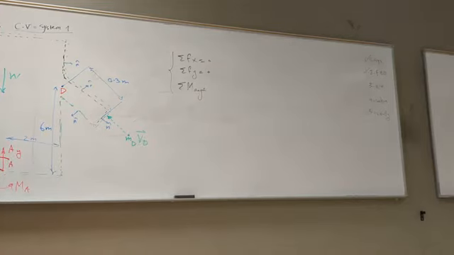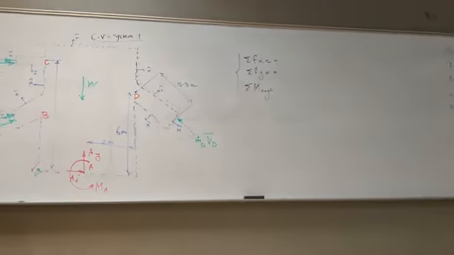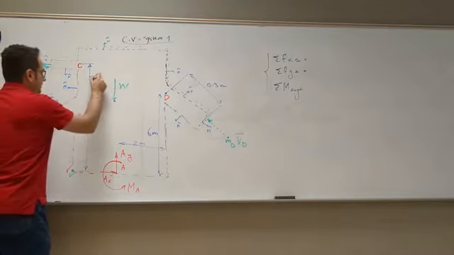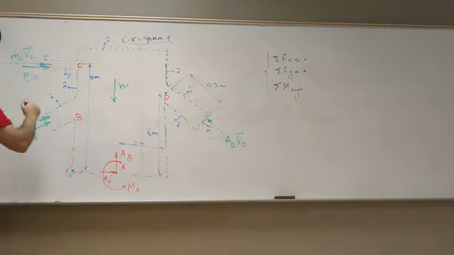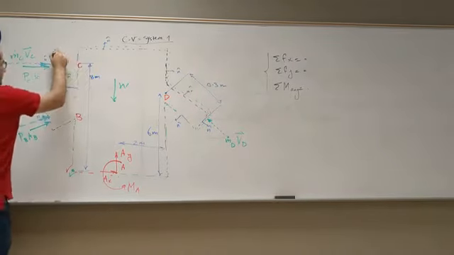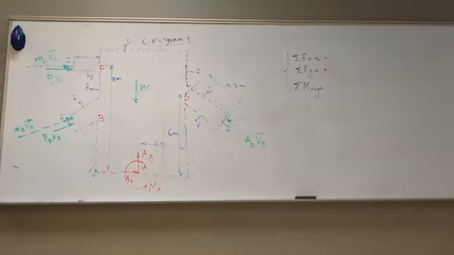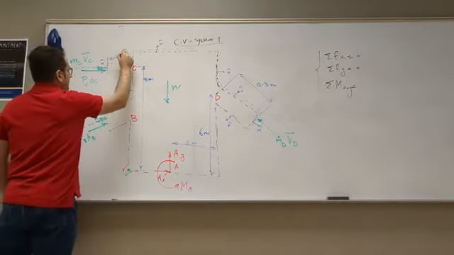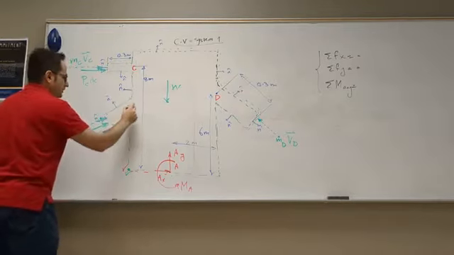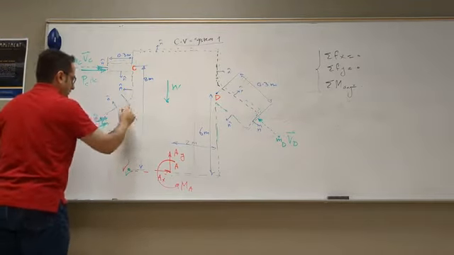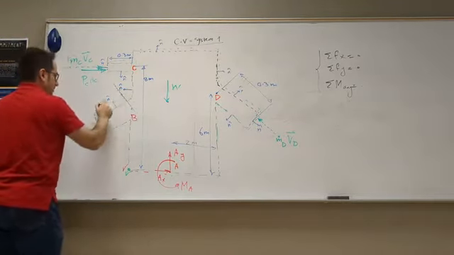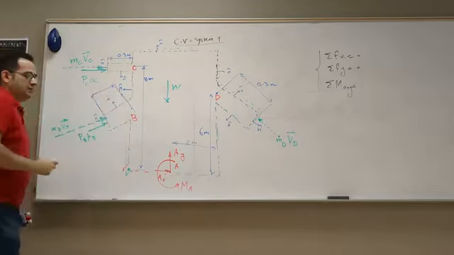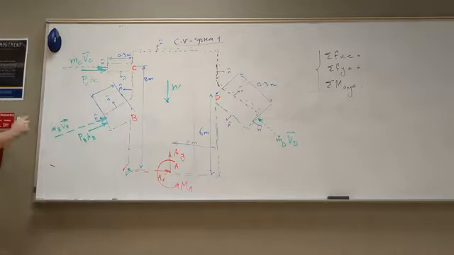Then from here to here, that distance is 10 minus 2, 8 meters. And here to here is 0.3. And here to here, again, is 0.3.